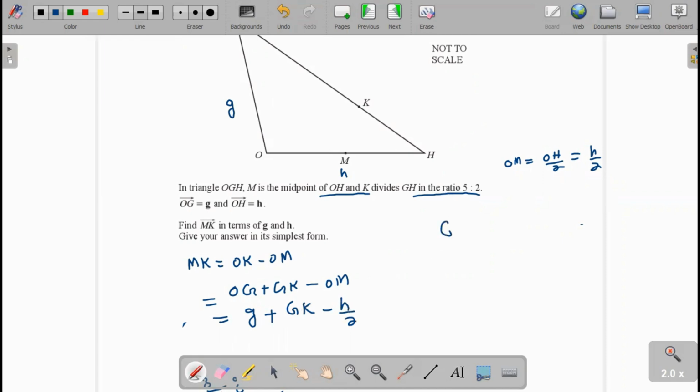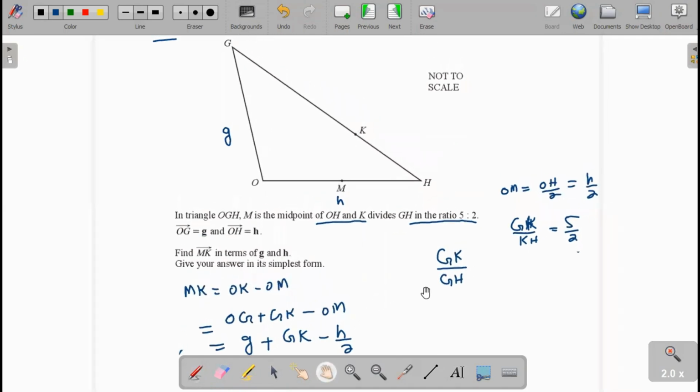Now to find GK, we see here the ratio GK over KH is 5 over 2. Now GK over GH will be equal to 5 over 7. You see here, this is 5 ratio, this is 2, therefore GH will be 7.